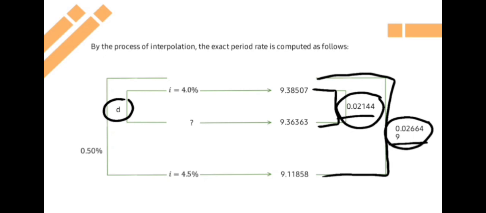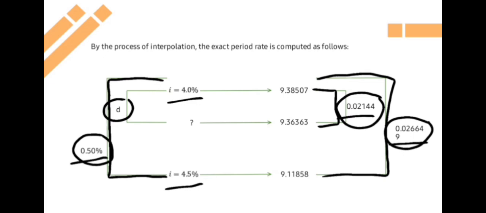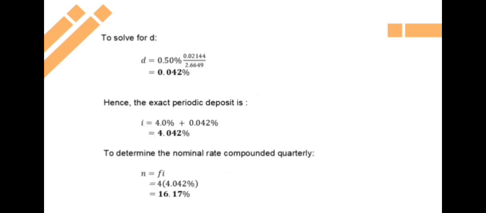And madadagdag dito is yung difference ng ating two periodic rate or given periodic rate na 4% at 4.5%. So ang kanilang difference is 0.50%. So to find the factor D, i-divide natin yung mga differences. 0.021144 divided by 0.026649.